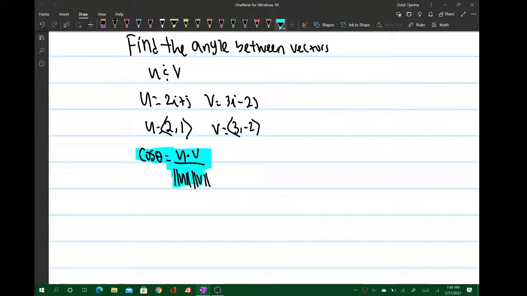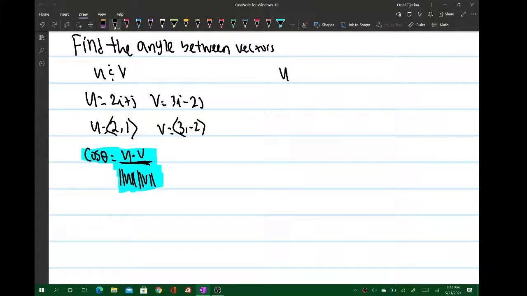Whenever we want to find an angle between two vectors, u and v, you have to do u dot v, the dot product of u and v, and then divide by the magnitude of u times the magnitude of v.